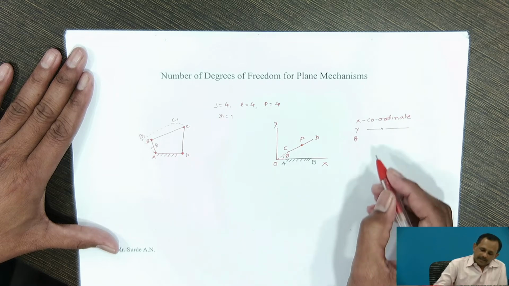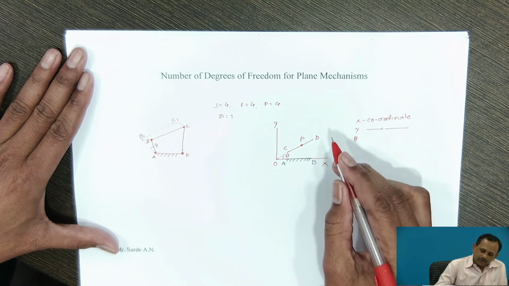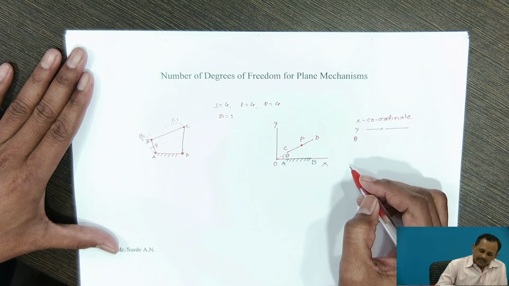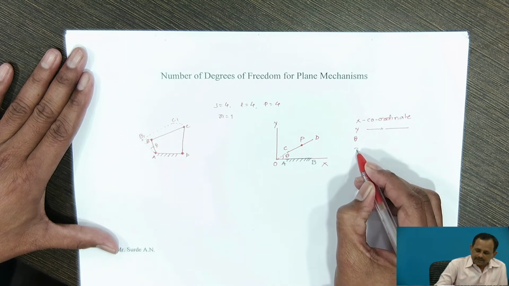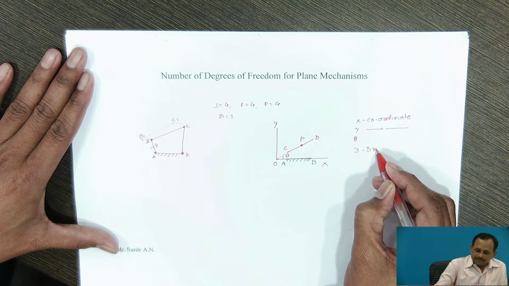So, any link, before connecting to any other link, has 3 degrees of freedom.